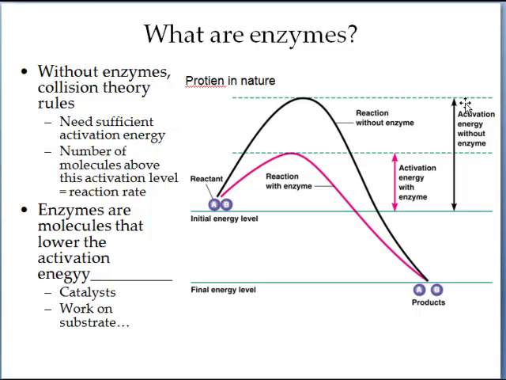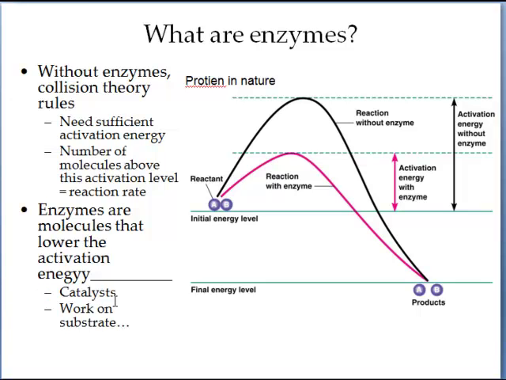The blue arrow shows the amount of energy that's required for this reaction to start. In the absence of an enzyme, you will have to provide this much energy. However, if enzymes are present, then that lowers the activation energy and the reaction can go on with a lower activation energy. Thus, enzymes are always needed in a very small amount.